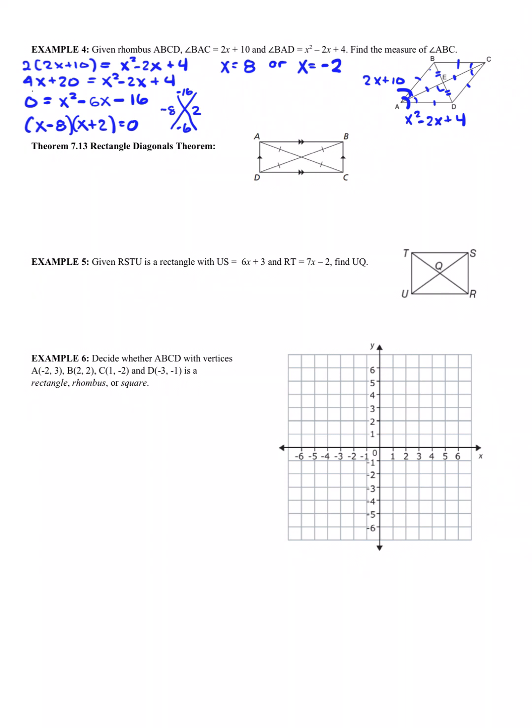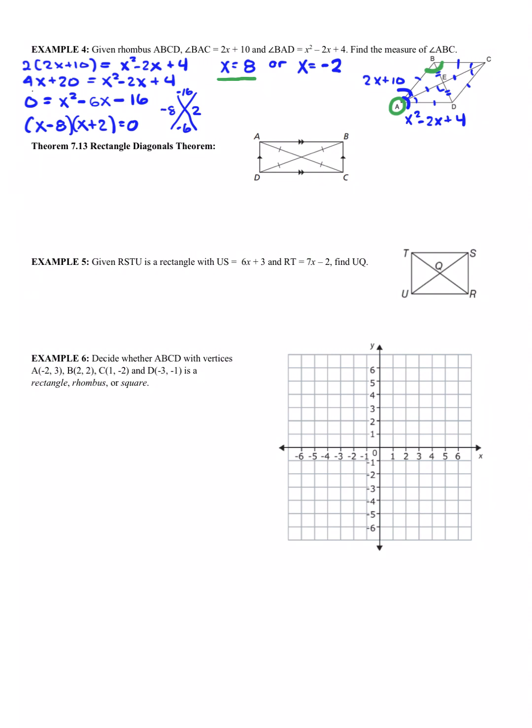And so what we need to do now is find the measure that corresponds with each answer, because it will be different. So if x is 8, and I'm trying to find the measure of ABC, this whole angle, I'm going to first find the measure of angle A, knowing that the measure of angle B over there is going to be the supplement.